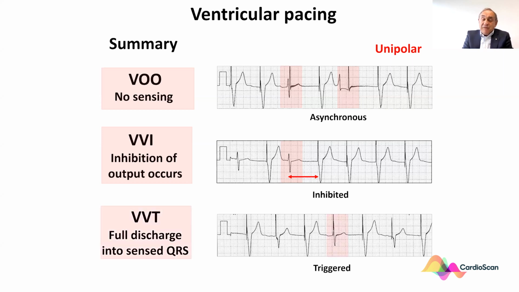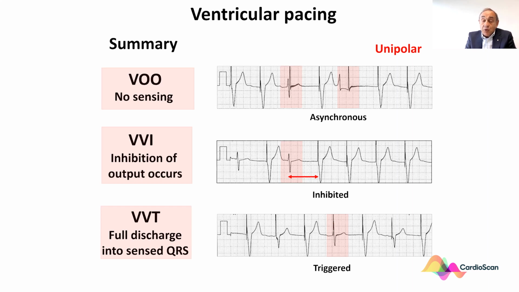VVT is a little more difficult to understand. At a time when sensing was very unreliable, ventricular inhibited pacing could result in significant inhibition of pacing, which could have been disastrous. As a result of that, the initial sensing pacemakers were all VVT, where there is a full discharge into the sensed QRS.